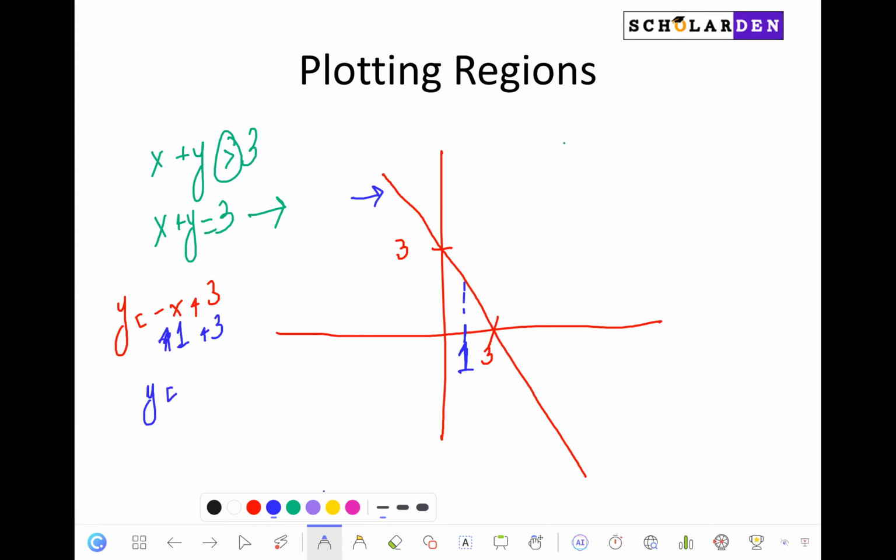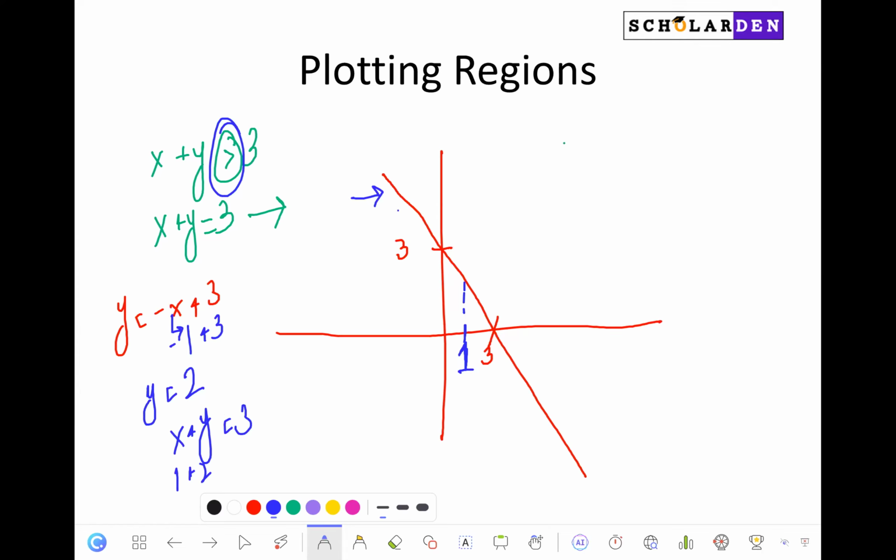So I've just substituted the value of x, and the value of y is going to be 2. And x plus y, so 1 plus 2, is equal to 3. But what we want is strictly greater than 3, right?